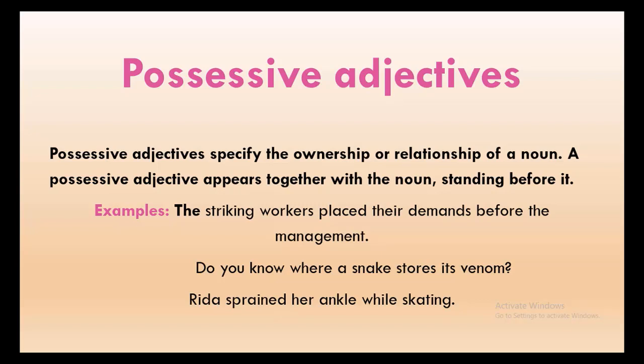And in the third example, the word her shows that the ankle is of Rida. So in each of these sentences, you can see that the possessive adjective lies closest to the noun it is describing. Its lies closer to the venom, their lies closest to the demands, while her lies closest to the ankle.